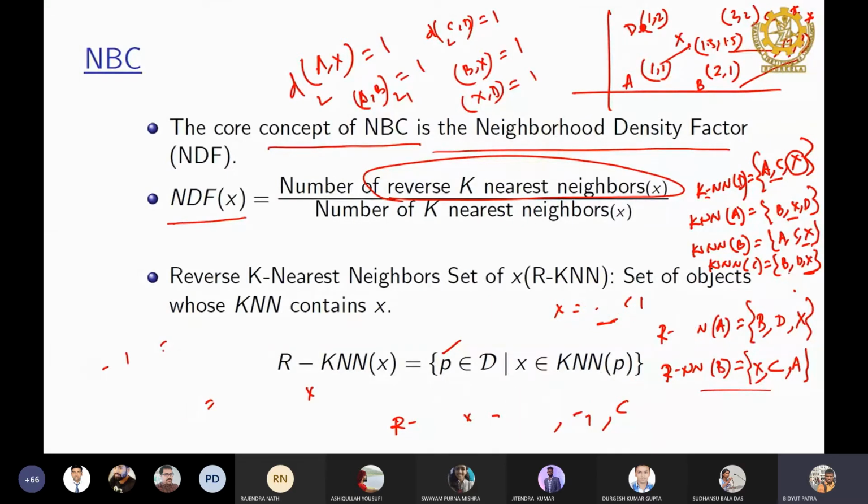For reverse KNN, the K value is 2. But before that, what do you have to do? You have to compute the KNN of all the points. Then only you can compute the reverse KNN. If there are multiple points at the last level, you have to include all points.